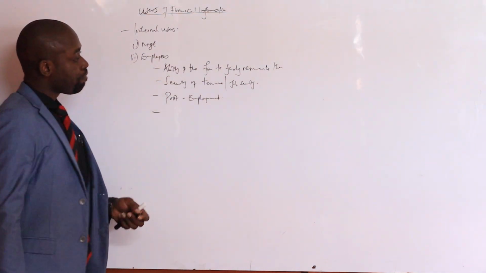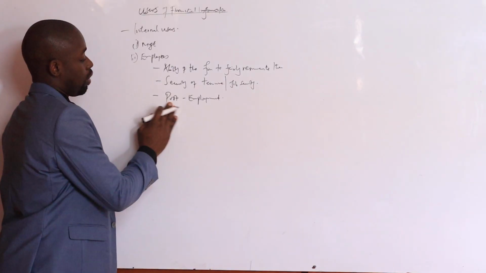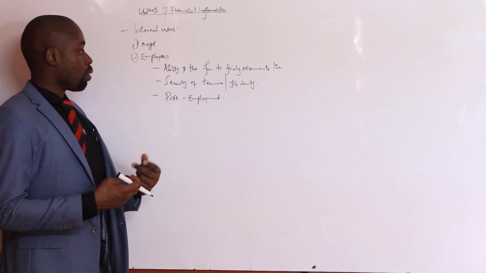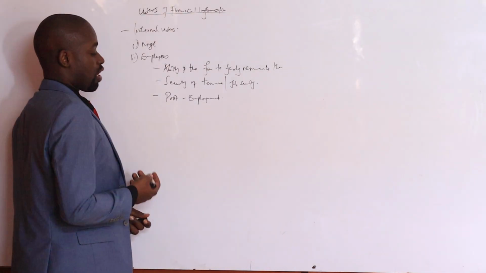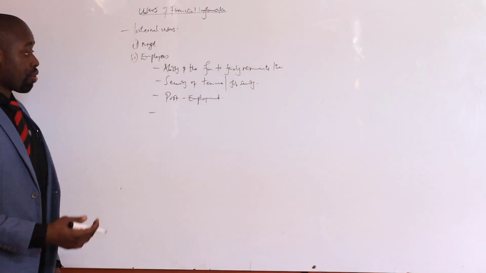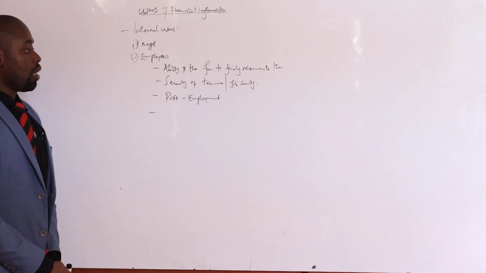Then next, we're talking of promotions. If there are fair promotions for employees, this is another issue of concern. If the company is promoting people based on meritocracy, career advancement is also another area of interest.